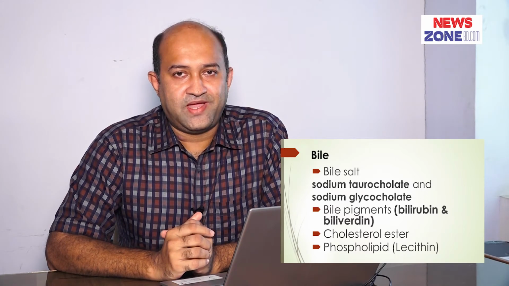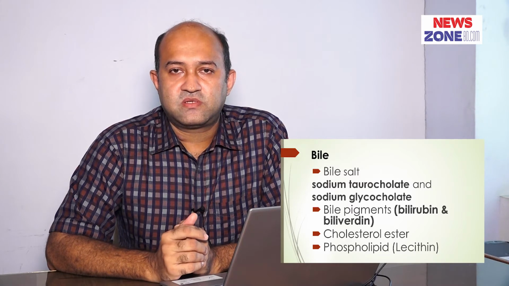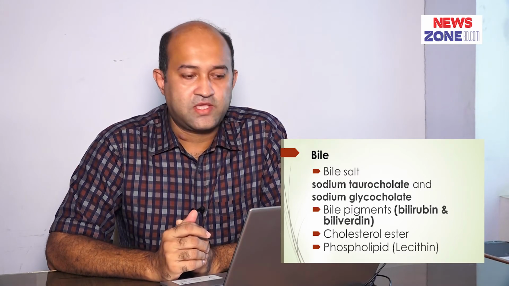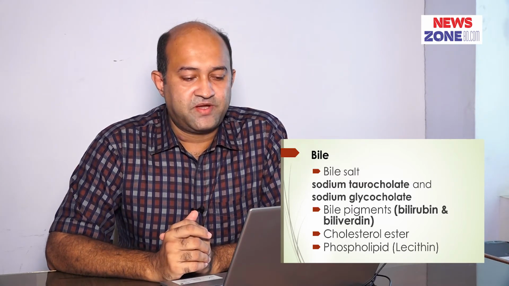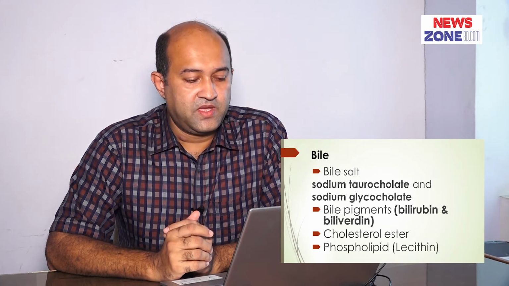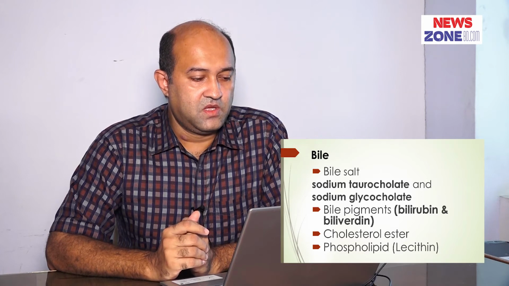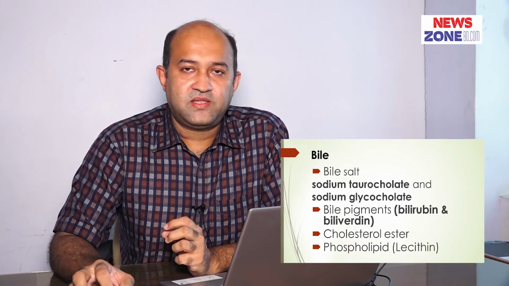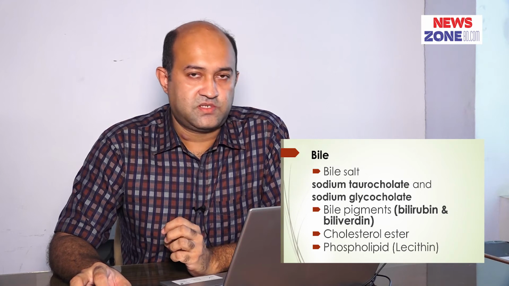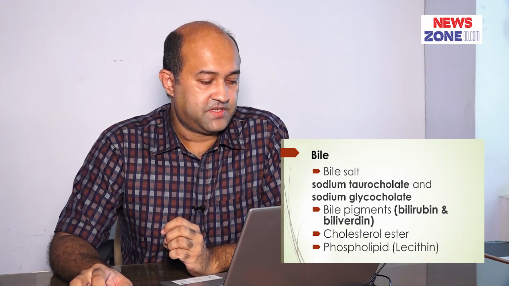The composition of bile is bile salts like sodium taurocholate and sodium glycocholate, bile pigments like bilirubin and biliverdin, and also cholesterol ester and phospholipids. So bile is a very important digestive juice in terms of lipid digestion.